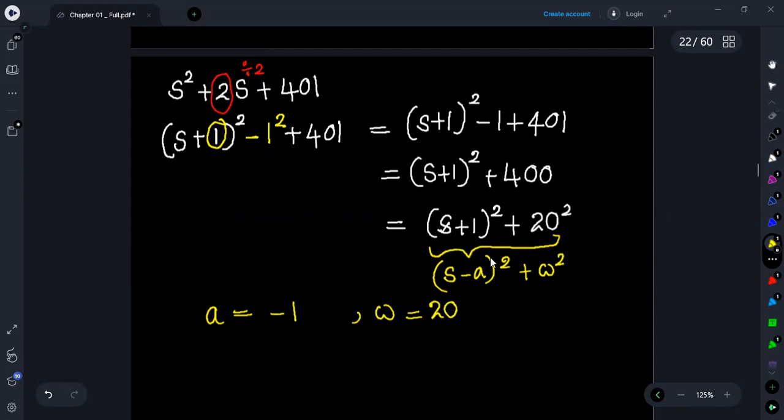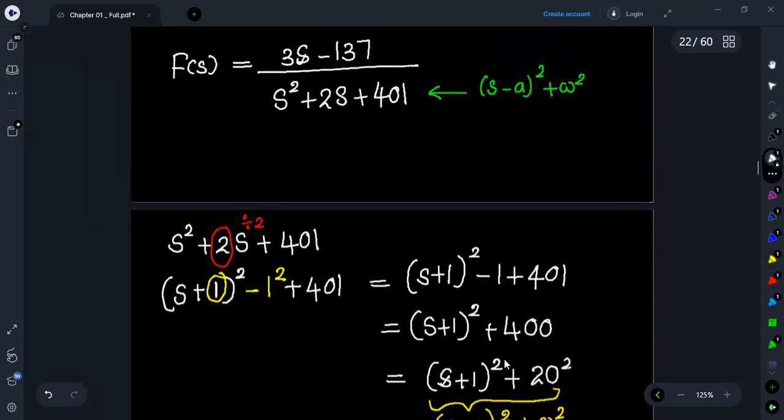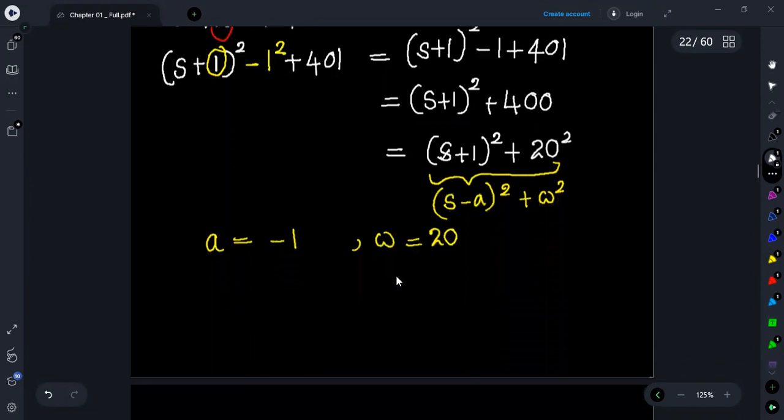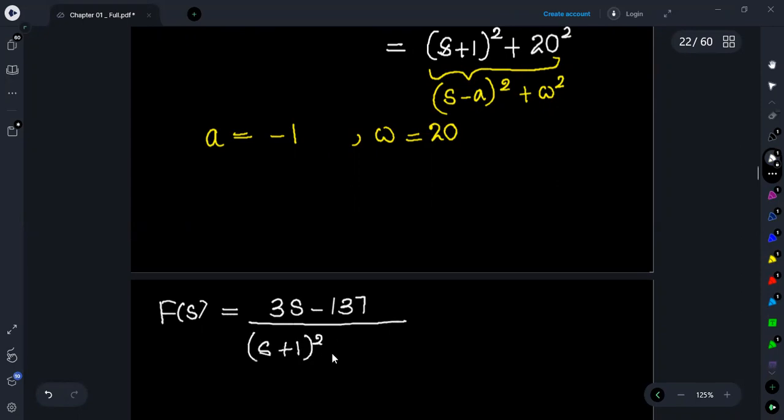Once you have obtained this expression, we can replace the denominator of the original problem by this expression. So let's write, we can rewrite capital F of s as 3s minus 137 over s plus 1 squared plus 20 to the power 2.